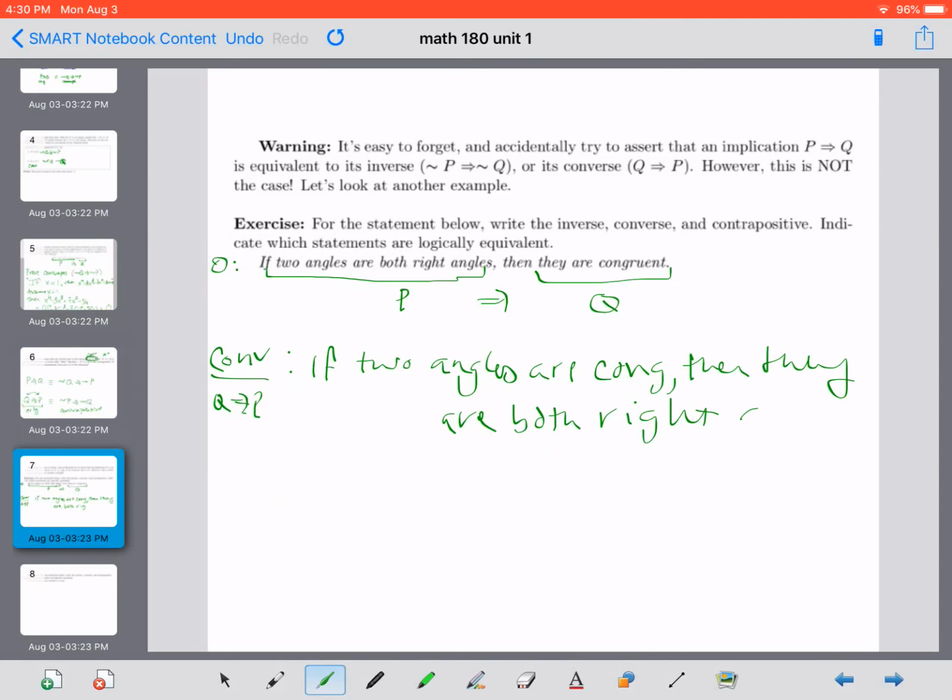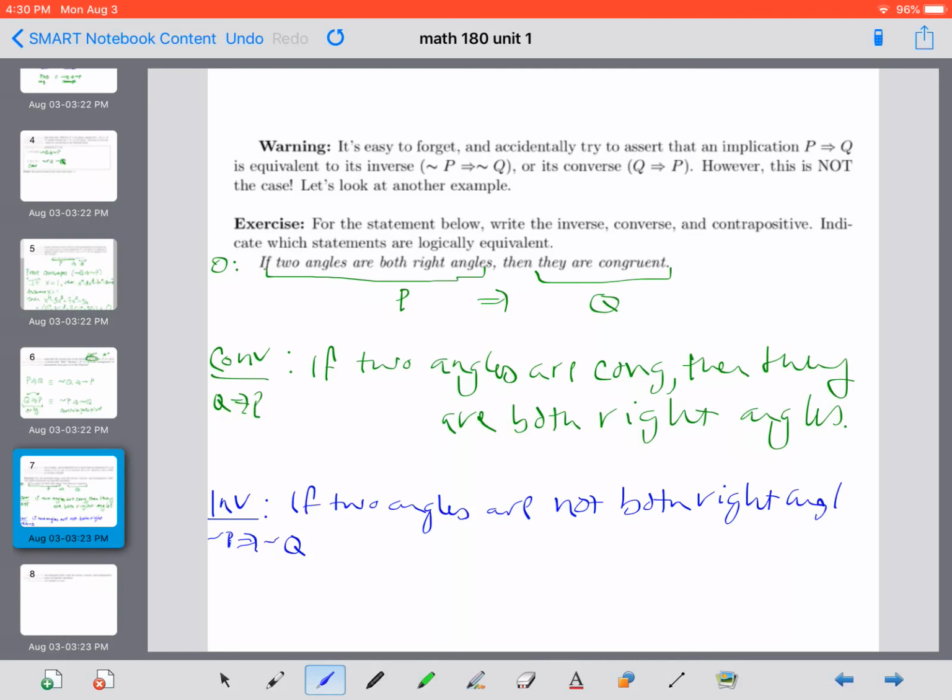Alright, let's do another example. Let's do the inverse now. The inverse leaves the order the same, but it negates them both. So not P implies not Q. That would look like, if two angles are not both right angles, then they are not congruent.